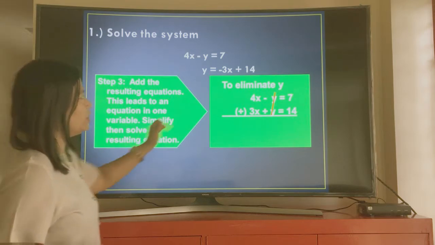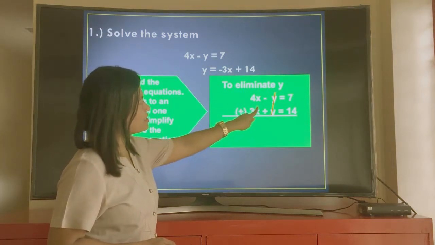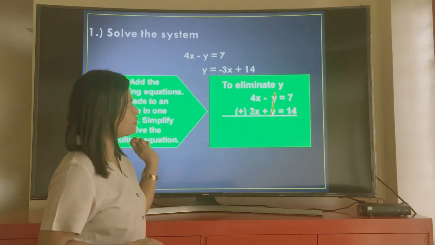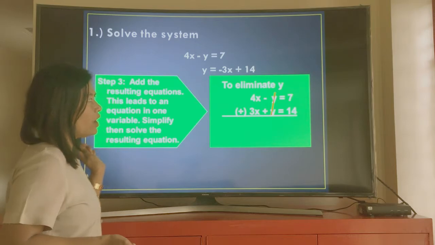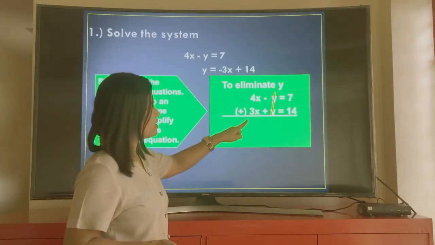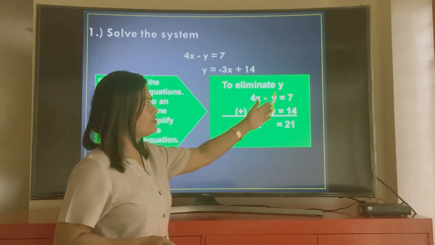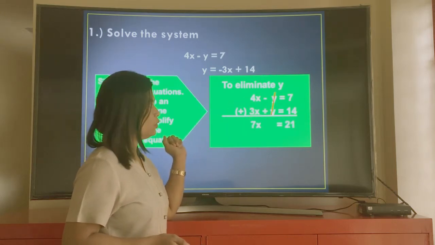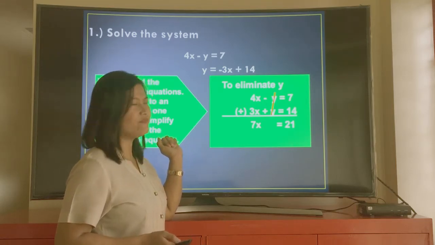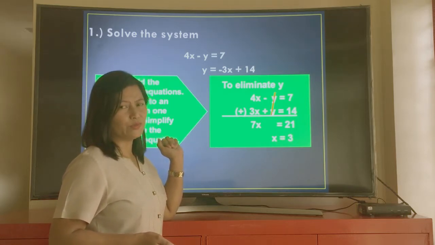So adding the two equations, we have 4x minus y is equal to 7 plus 3x plus y equals 14. Variable y is eliminated. So 4x plus 3x is 7x. 7 plus 14 is 21. Dividing both sides of the equation by 7, we have x is equal to 3.